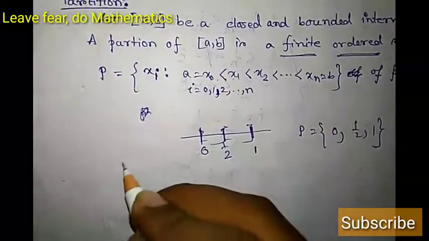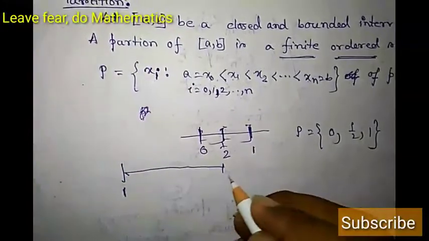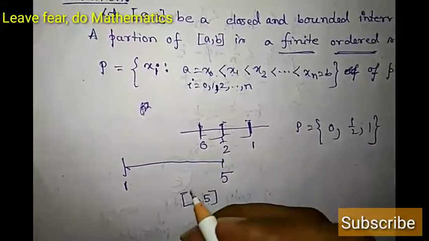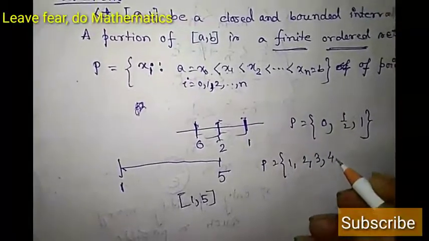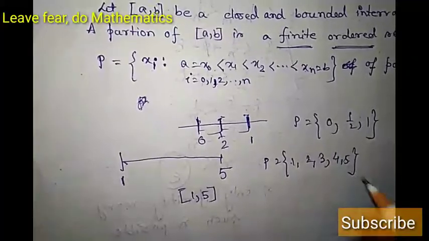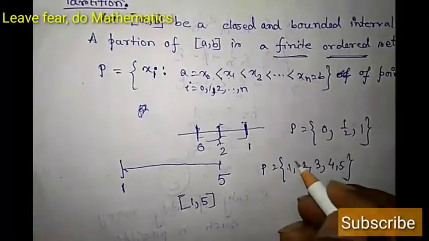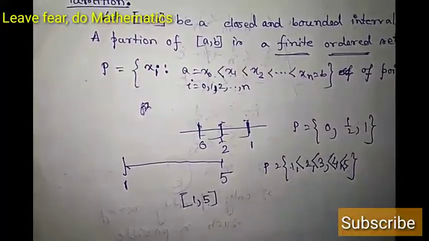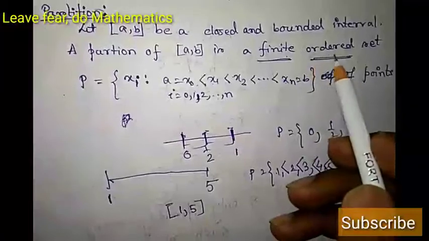Now let us take another example. Suppose this is our real line, and this is the point 1 and this is the point 5, that is, this is our closed interval 1 5. Let us take the partition as the set of points 1, 2, 3, 4, 5. This is a finite set, 1, 2, 3, 4, 5 points are there, and the set is ordered, that is 1 is less than 2, less than 3, less than 4, less than 5. So this satisfies the two conditions of finite and ordered.